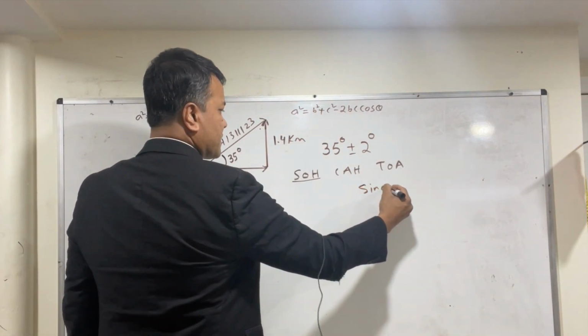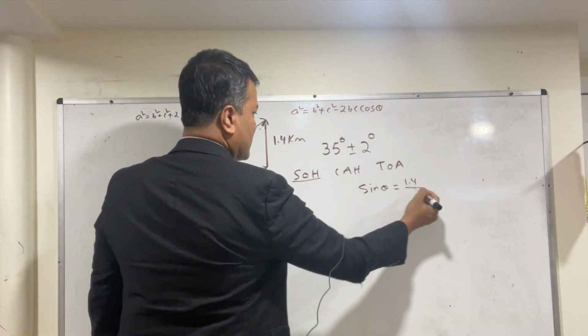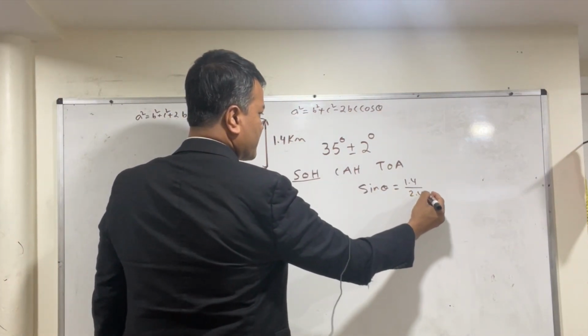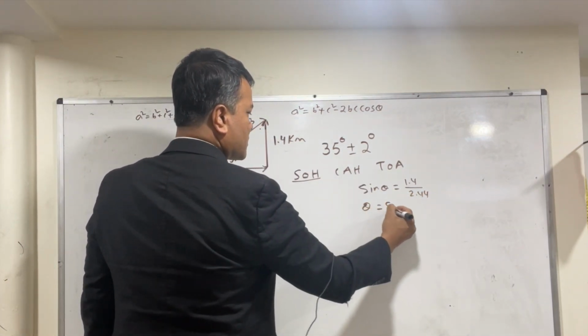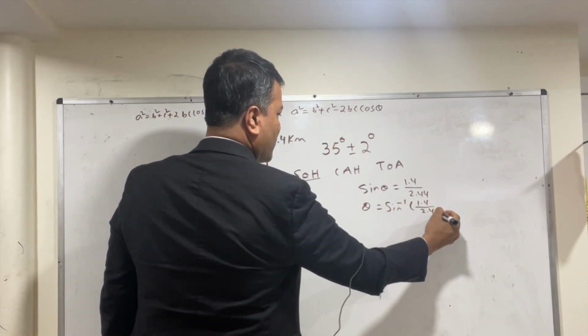So let's do sine over here. Sine theta is equal to opposite, 1.4, and hypotenuse is this one. I'm going to just write 2.44, and theta is equal to inverse sine of 1.4 divided by 2.44.